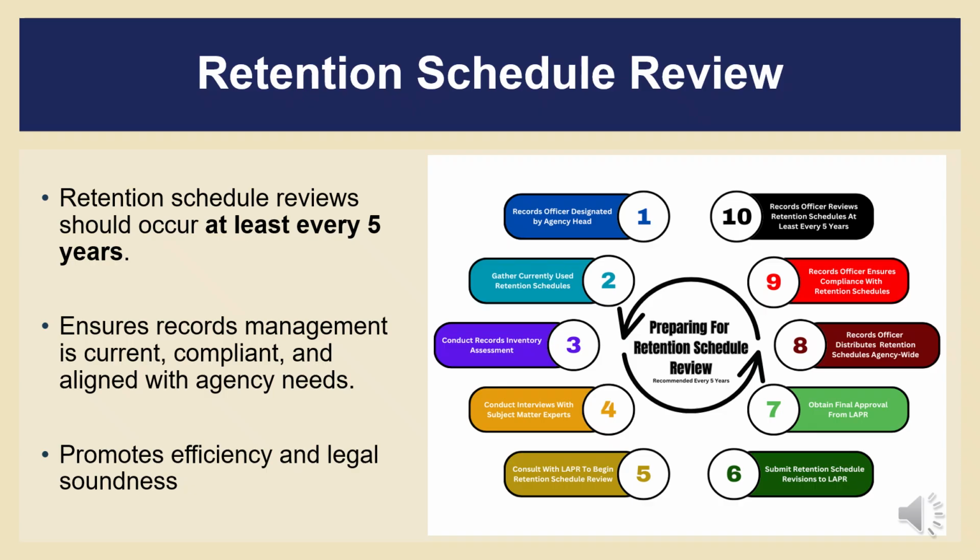Engage with departmental experts to gather detailed insight about how records types, ownership, and storage locations work. Their input is crucial for accuracy. 5. Hold an initial meeting with LAPR. Begin the formal review process with Records Management Branch at LAPR.